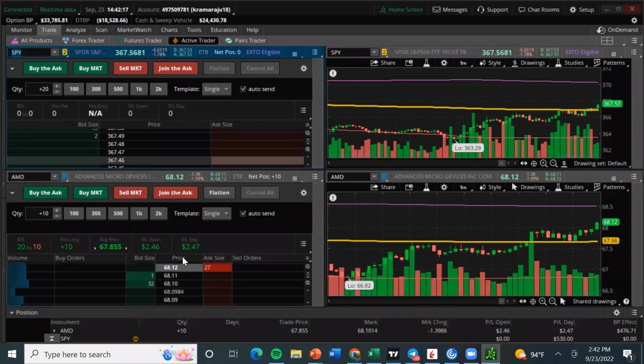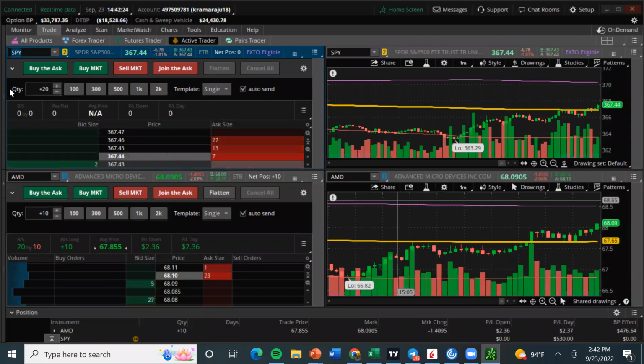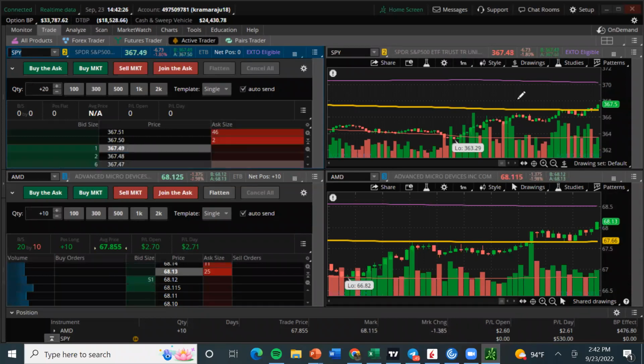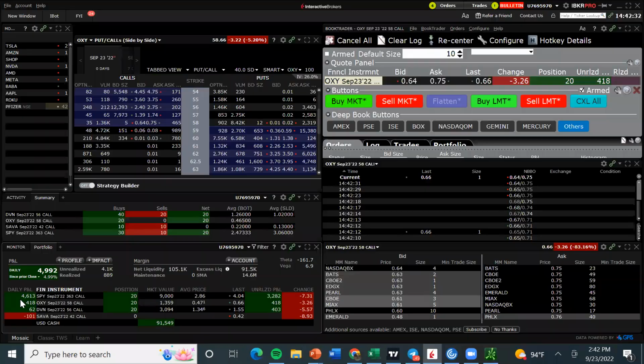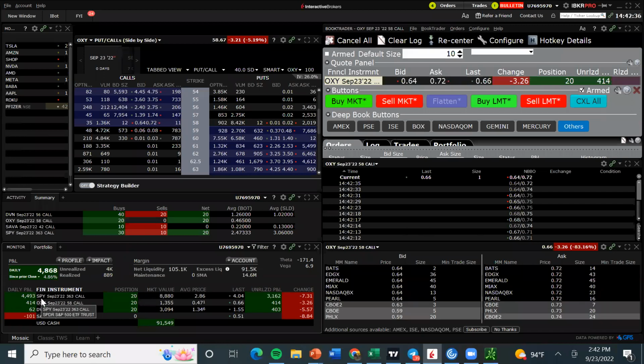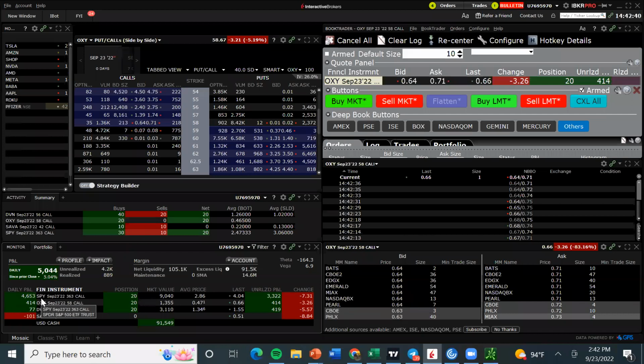You made some on 10 stocks, you made this much profit. I didn't take SPY calls here because I don't want to take so many trades. So now if you see here, $4,600, $4,500. I'm expecting 368. I will close at 368.